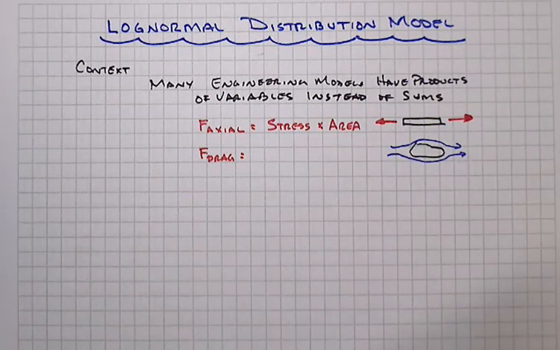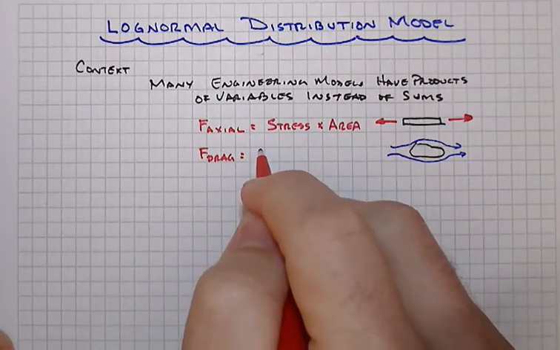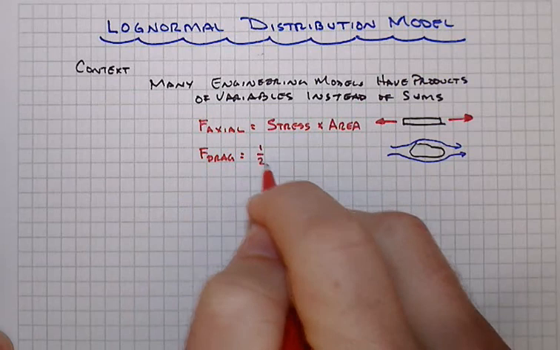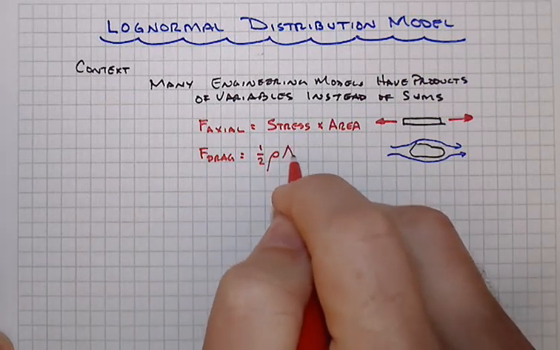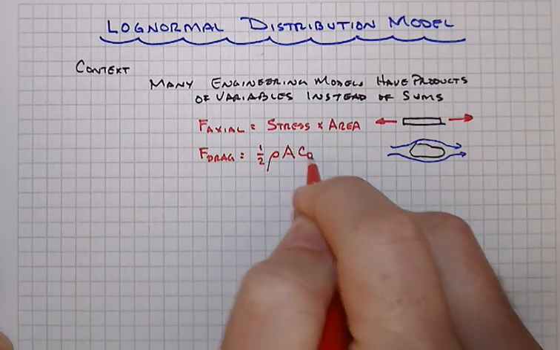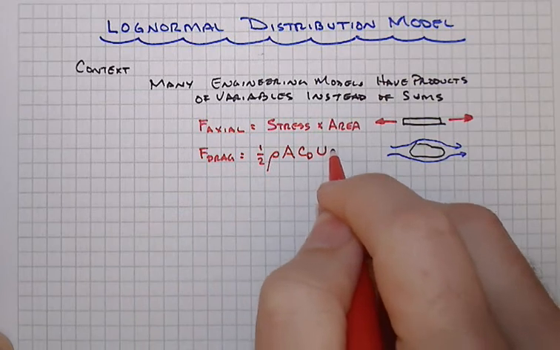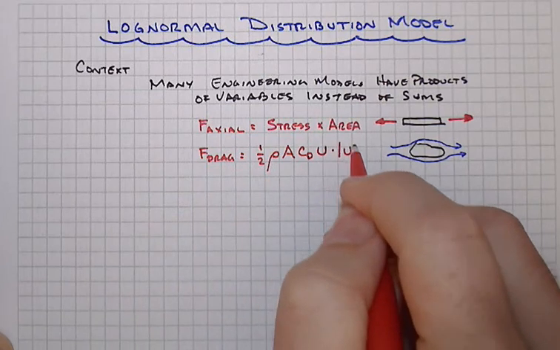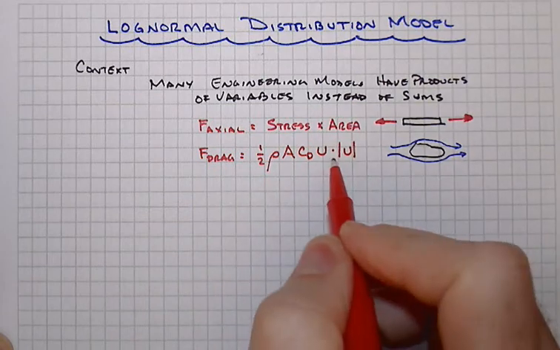One simple way is the drag term of the Morrison model, where we take 1/2 of the density of the fluid times some effective characteristic area times a drag coefficient times then the relative velocity of the fluid flowing past the object.